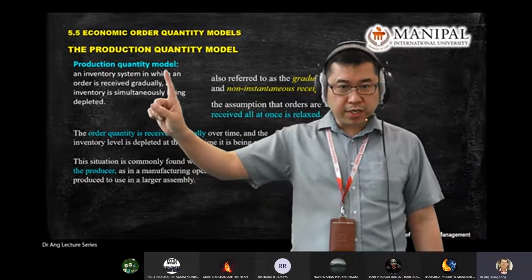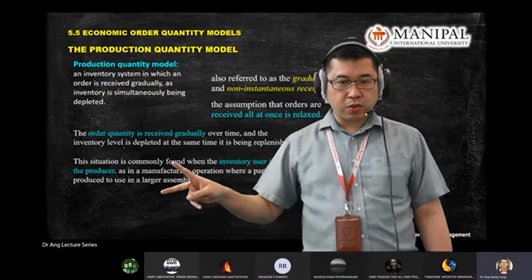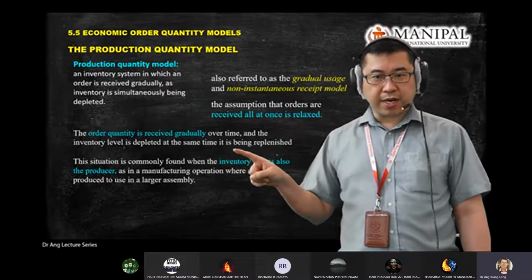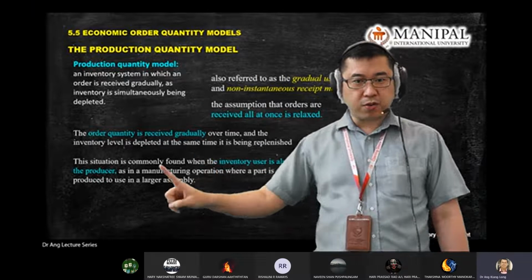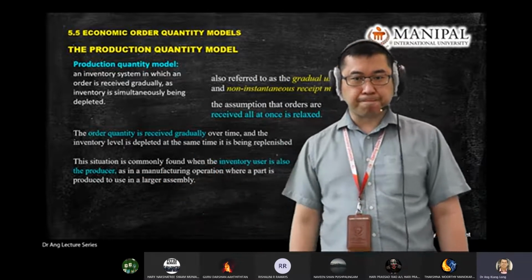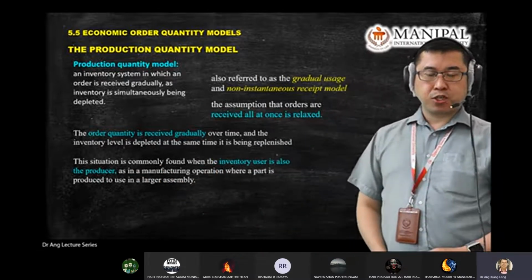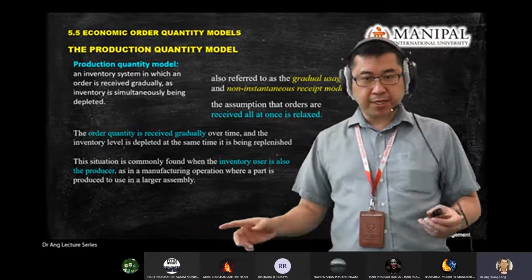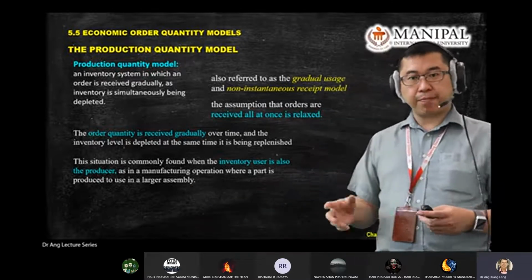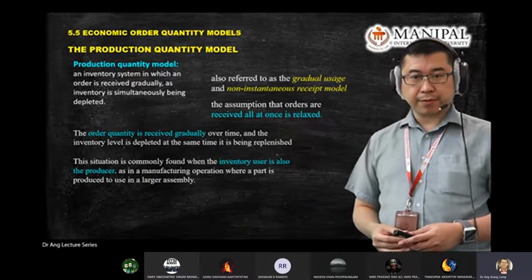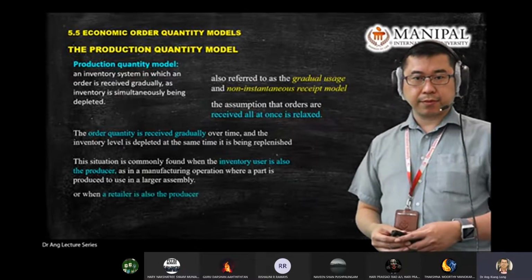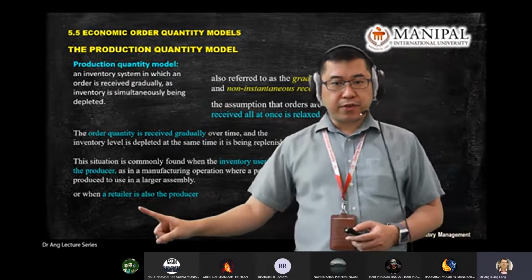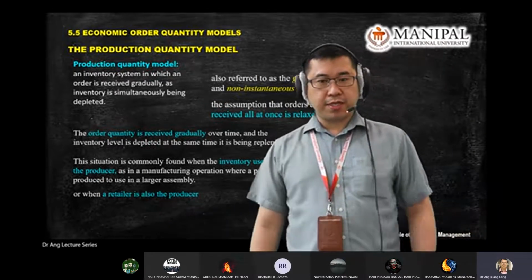So production quantity model is for dual role, which is you are the inventory user and also you are the producer. It's a bigger factory where you do bigger assembly compared to the basic one. Or another example is a retailer who is also a producer.